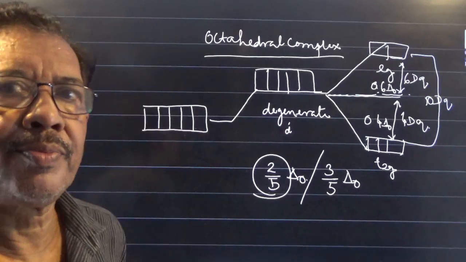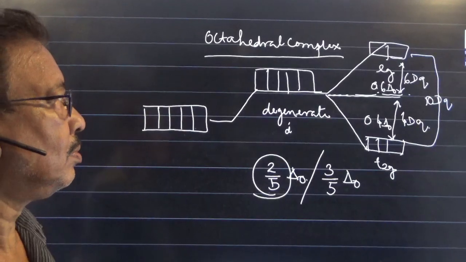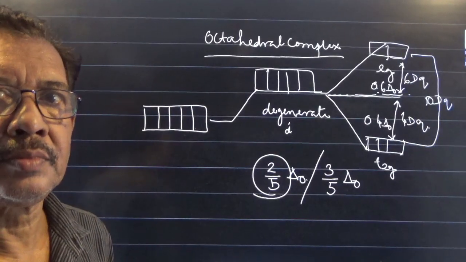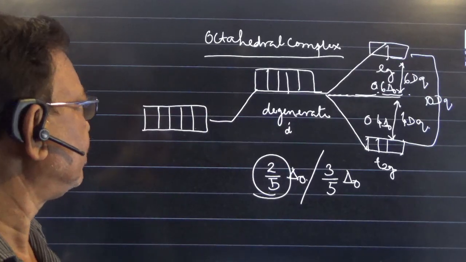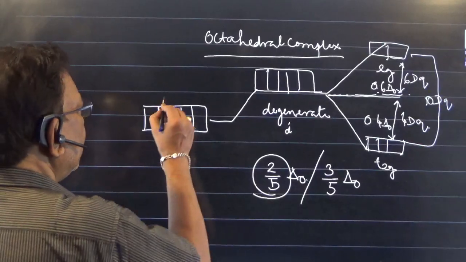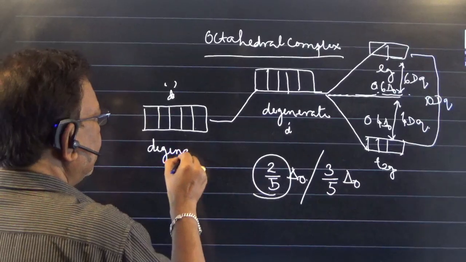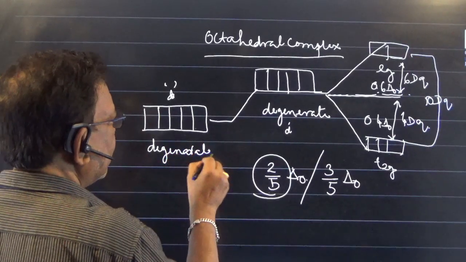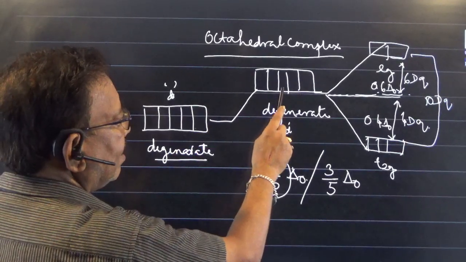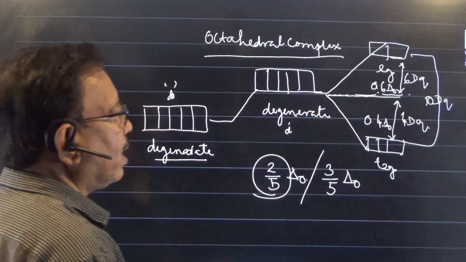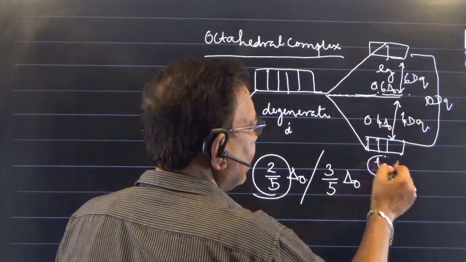Anybody's doubt, you tell me. This is your d orbital, degenerate. Degenerate means having equal energy. So when ligand approaches, it gets excited. When it comes closer, they split into two parts, Eg and T2G.